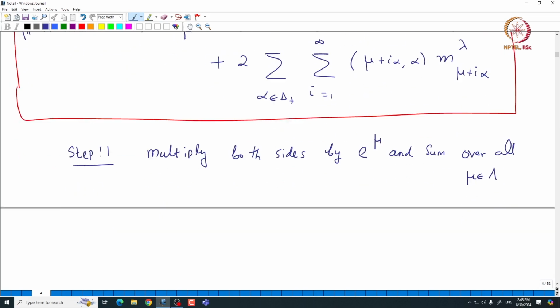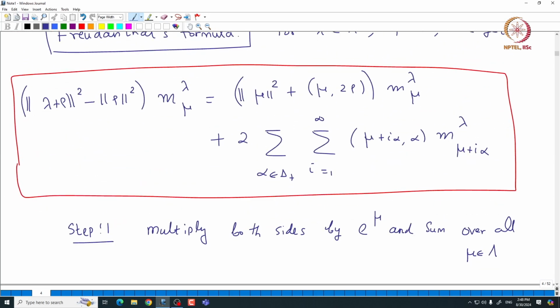Then we get the following things. If you multiply by e power mu and sum over all mu, what you get here is the character chi lambda, and similarly in the second place you will get this mu comma 2 rho times whatever is there.